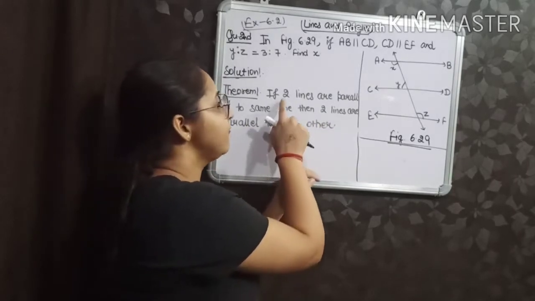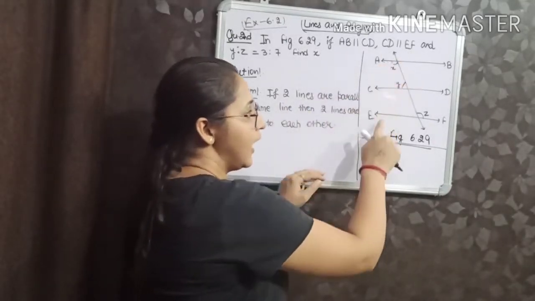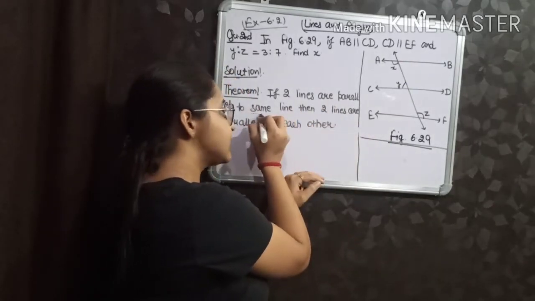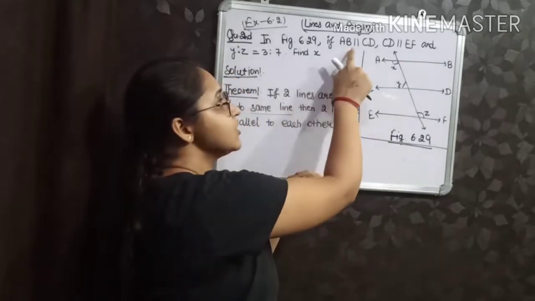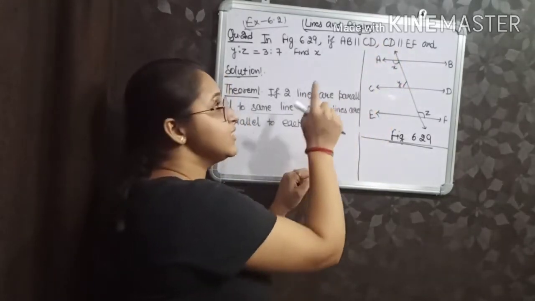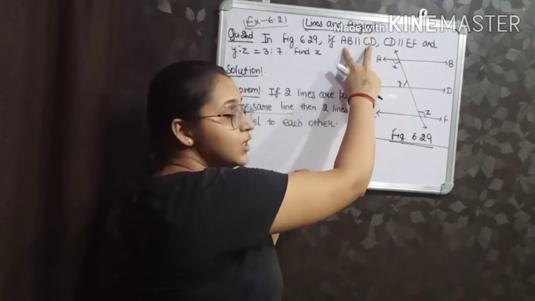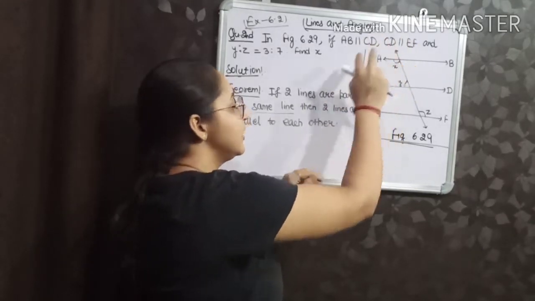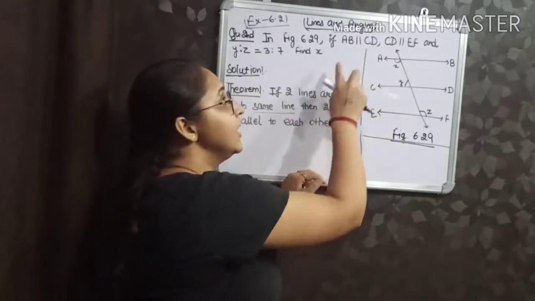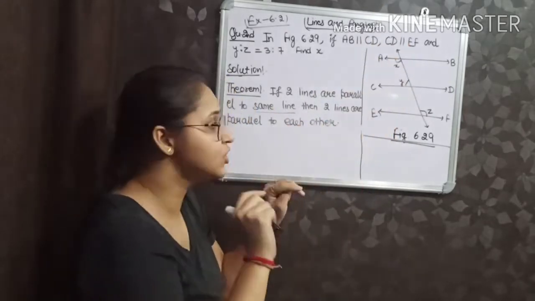It means that if two lines, I am taking AB and EF, are parallel to the same line, that is, AB is parallel to CD and EF is also parallel to CD, it means CD is a common line, then AB and EF will also be parallel to each other.